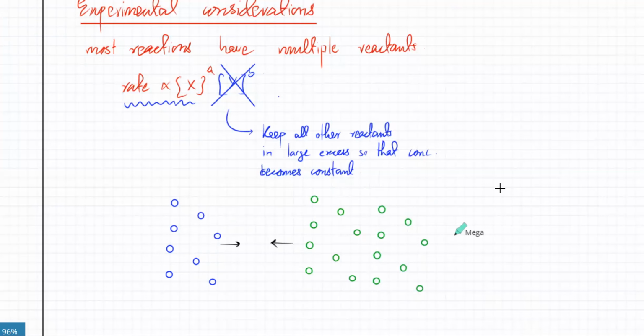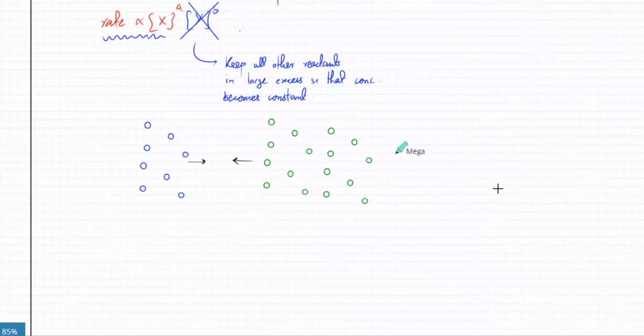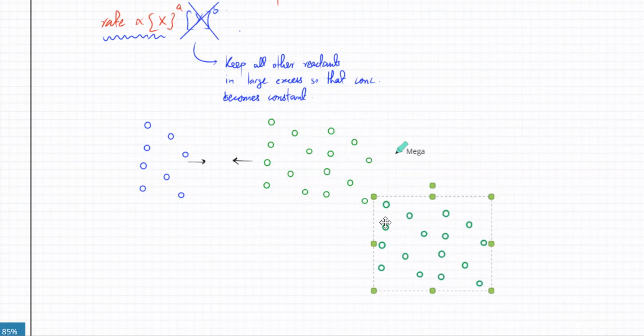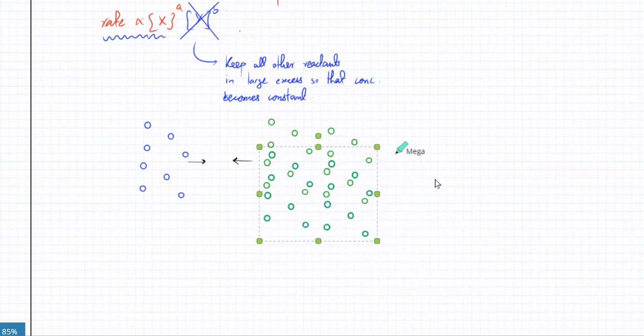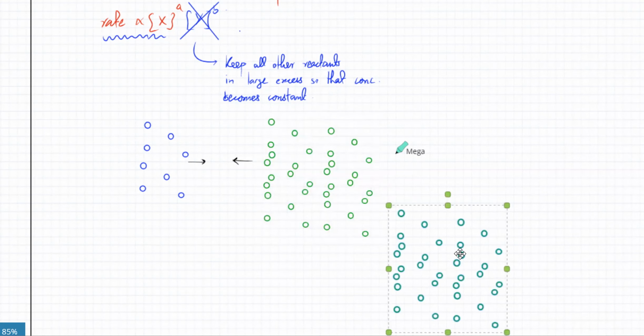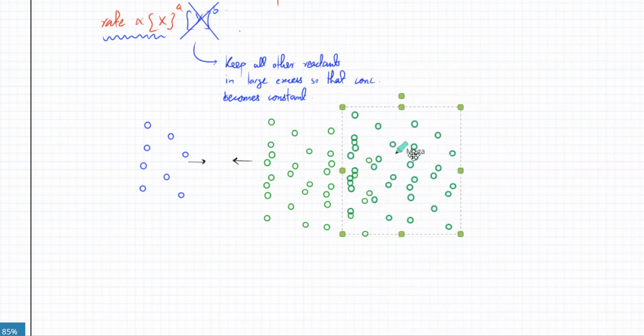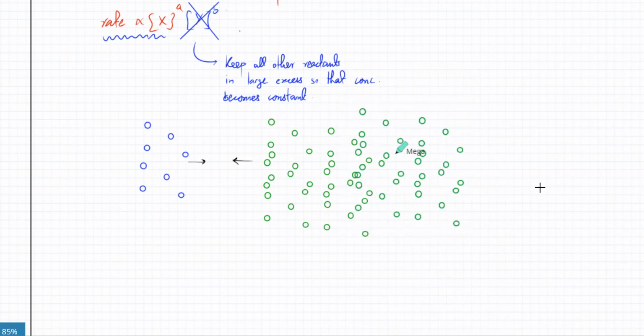Now, what I mean by keeping Y in excess is that you add so much Y that even if a few molecules react and they get used up, the concentration of Y almost remains unchanged. Let's assume X and Y are reacting in 1:1. So if one molecule of X reacts, its concentration decreases.